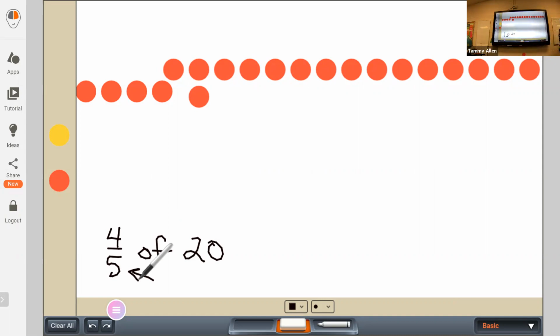What does our denominator tell us? Mallory? How many counters are going to be in each group? Does it tell us how many counters are going to be in each group? Or does it tell us how many groups there are?